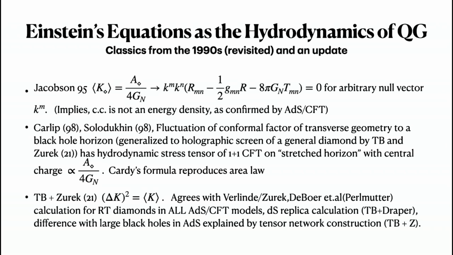So there's a transverse Riemannian geometry on the holographic screen, and in the way Solodukhin says it, if you look at the small fluctuations of the conformal factor of that geometry, the effective theory of those fluctuations is something that had been identified by Belavin, Polyakov, and Zamolodchikov as the hydrodynamics of a conformal field theory in 1+1 dimensions, with a central charge that's proportional to the area over 4 times G Newton.